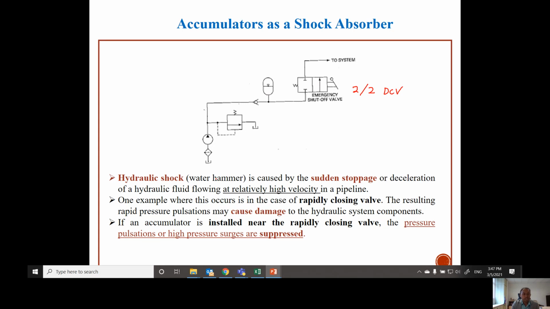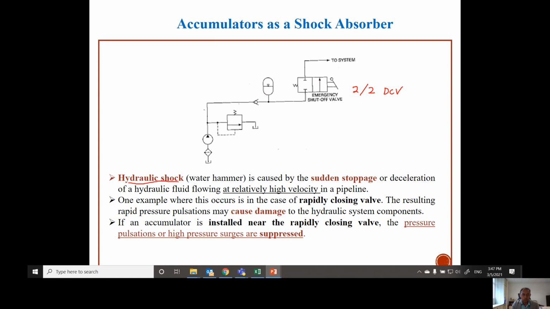Okay, first you have to know what is meant by hydraulic shock, or what we call water hammer. This is caused by a sudden stoppage or deceleration of hydraulic fluid flowing at relatively high velocity. So when you have a high velocity of flow inside a pipeline, and you make a sudden stop, there will be a hydraulic shock.